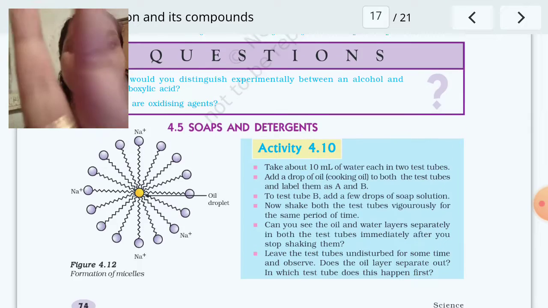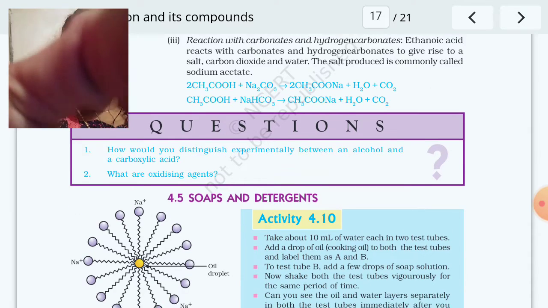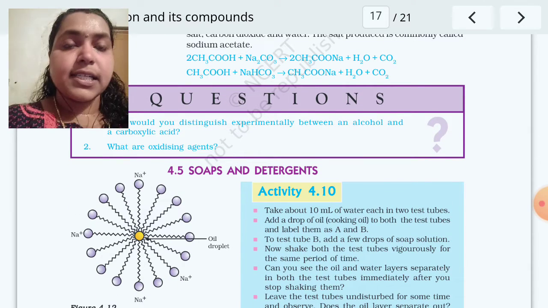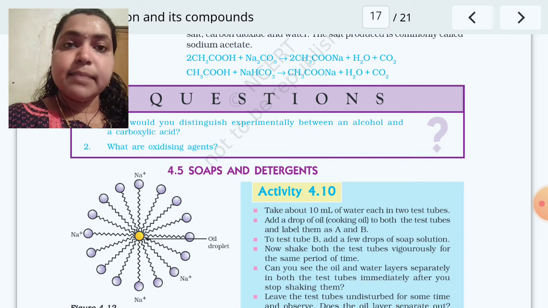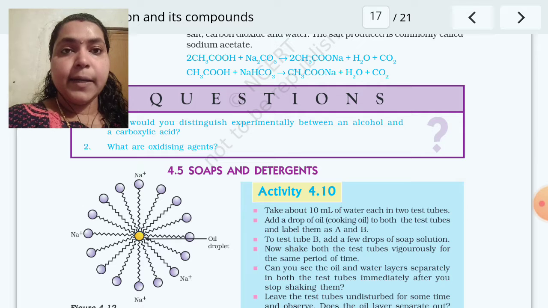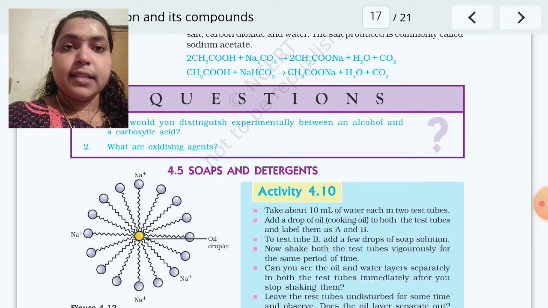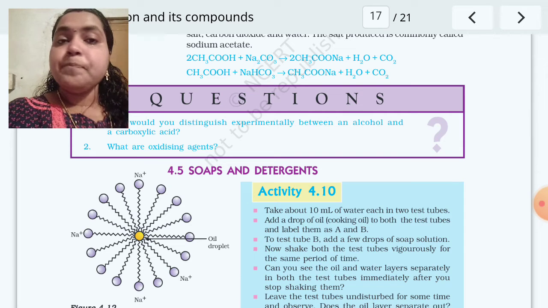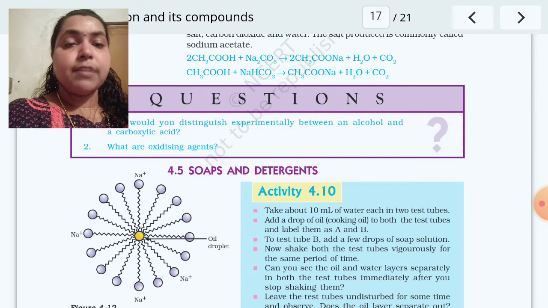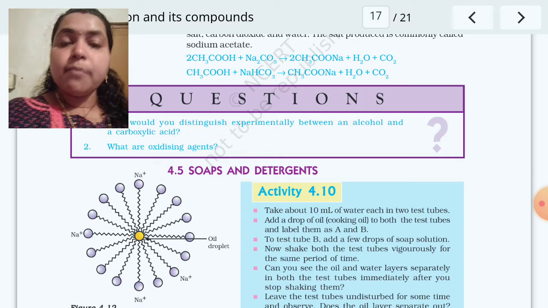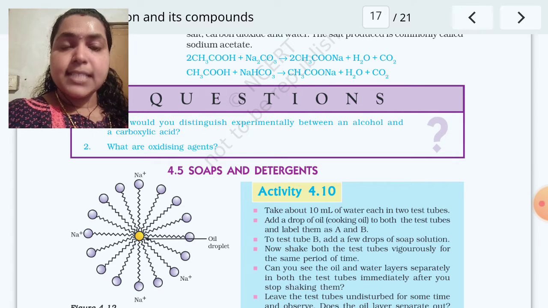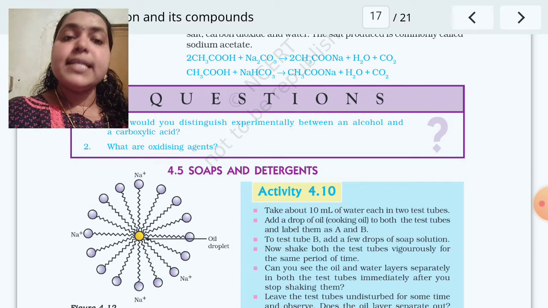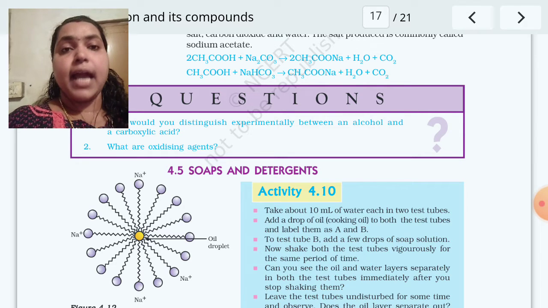You can see that the sodium part is hydrophilic, and that part will be outside the cluster, that is away from the oil part, but the hydrophobic end is towards the oil part. So always this oil part will dissolve in the hydrophobic end.